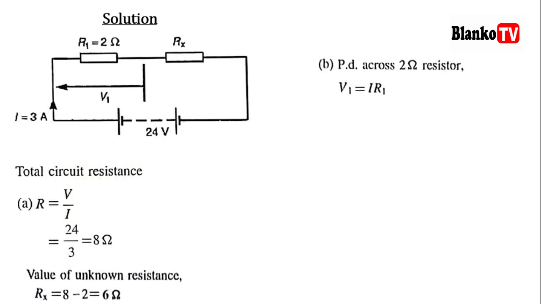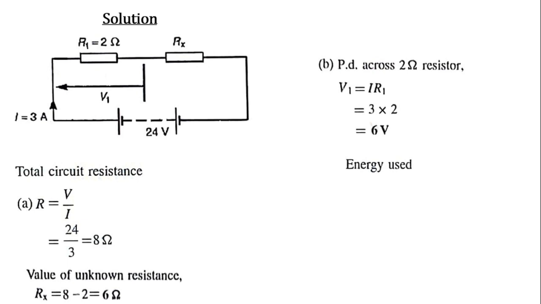So since we are calculating for V1, which is the PD across the 2 ohm resistor, which is resistor R1, we say V1 equals I, which is the total current, times R1. So we have our I, which is 3, and then our R1, which is 2. When you multiply 3 by 2, we are going to get what? 6 volts. So the PD across the 2 ohm resistor, which is resistor R1, is 6 volts.